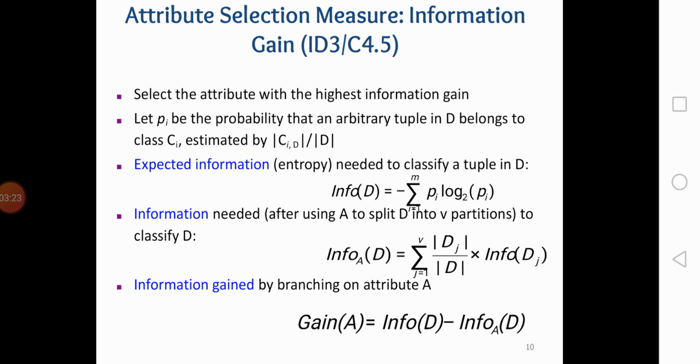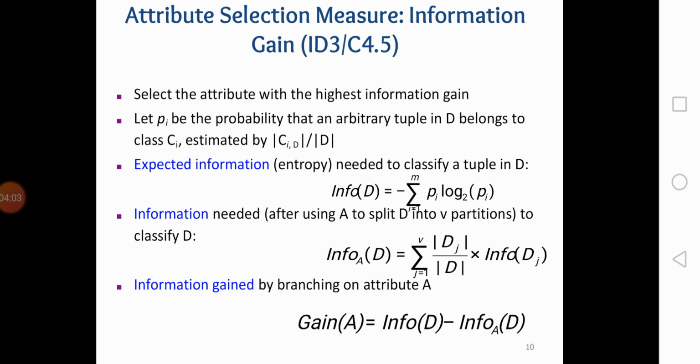That is, the number of tuples in class Ci,D divided by the number of tuples in the data partition D. Then why do we need log base 2? A log function to the base 2 is used because the information is encoded in bits.